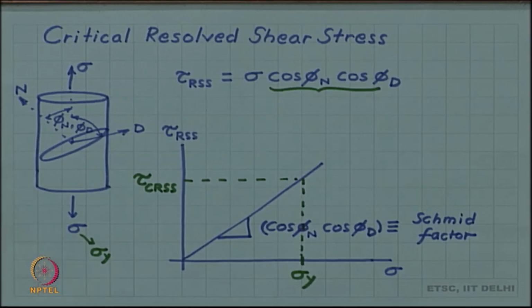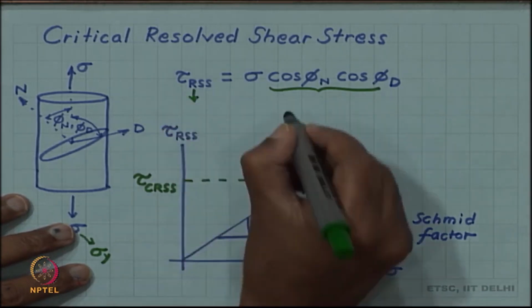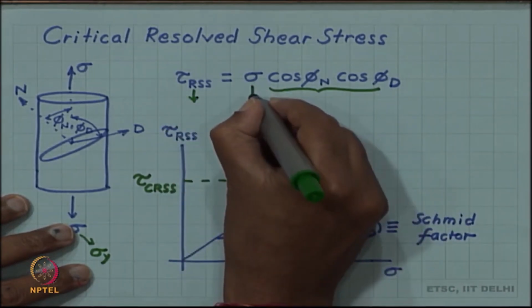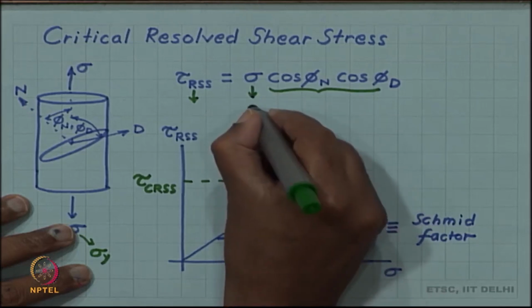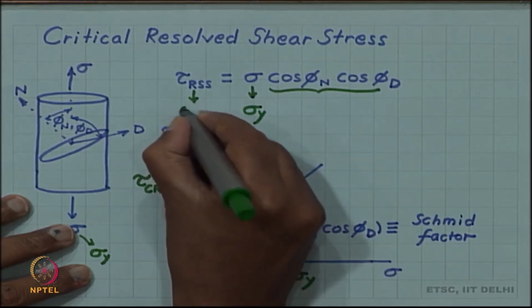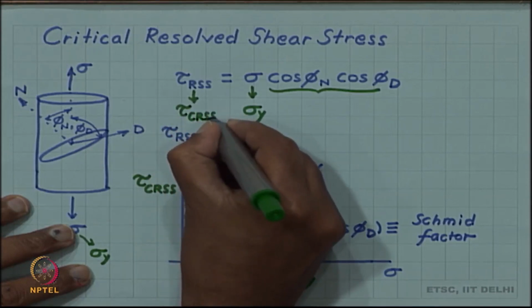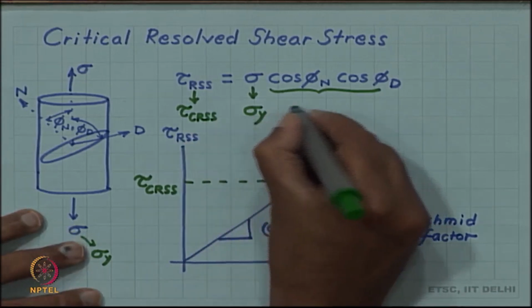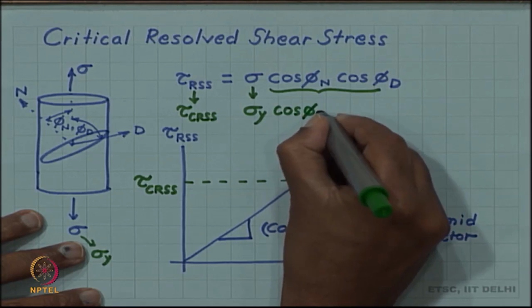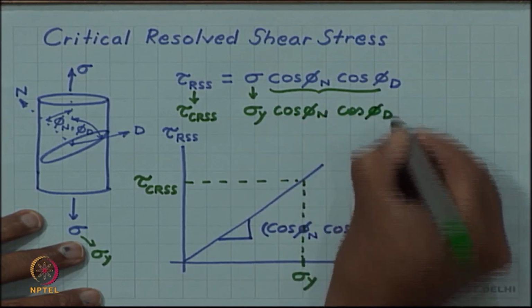So, which means I am increasing resolved shear stress, I am increasing actually the tensile stress. Tensile stress reaches a value sigma y, and correspondingly the resolved shear stress reaches a value critical resolved shear stress, sigma y cos phi n cos phi d.